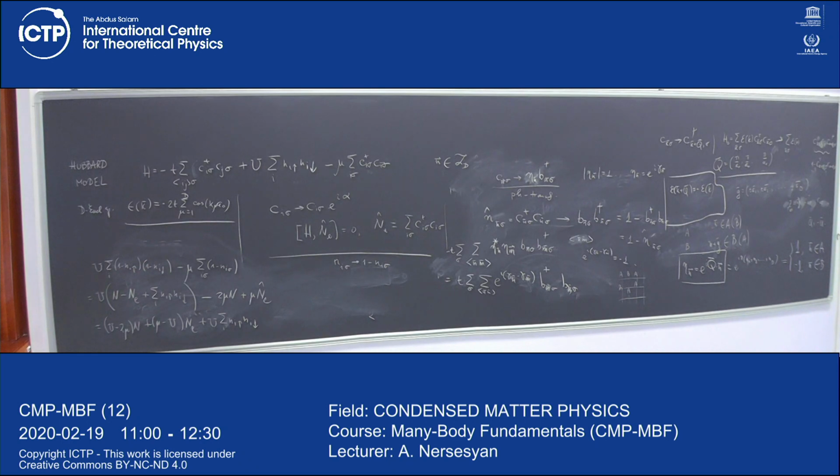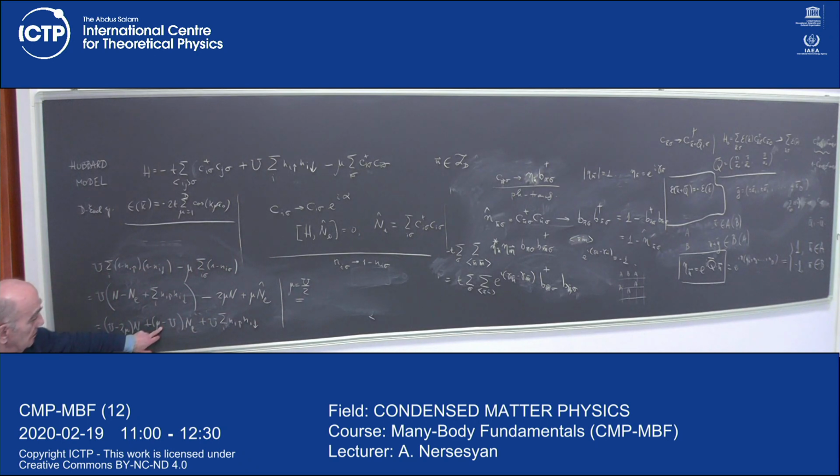So we see that the energetics of the two models becomes precisely the same only in one case, namely when the chemical potential is u divided by 2. Then this term is absent.